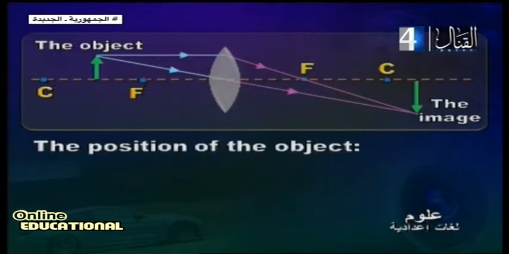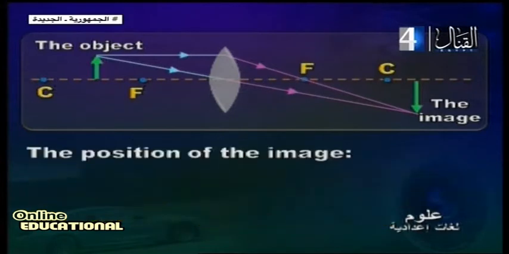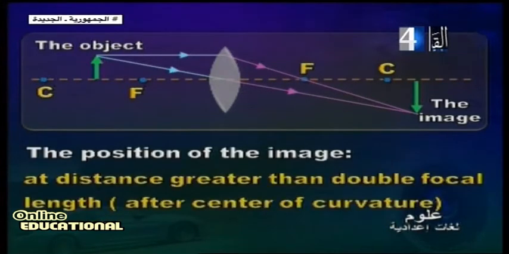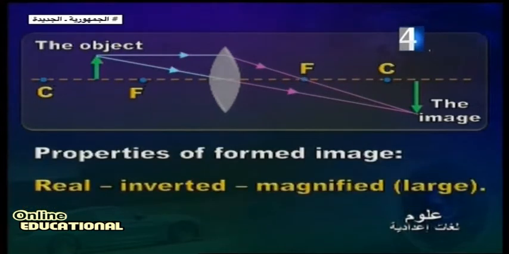So, position of the object is between the center and the focus. What about the position of the image? Yes, of course, at a distance more than the radius of curvature, or more than double the focal length. The properties of the image: it will be real, inverted, and larger in size.